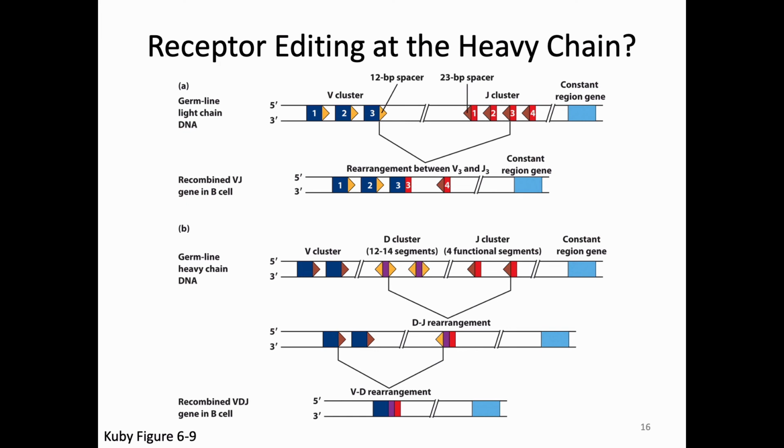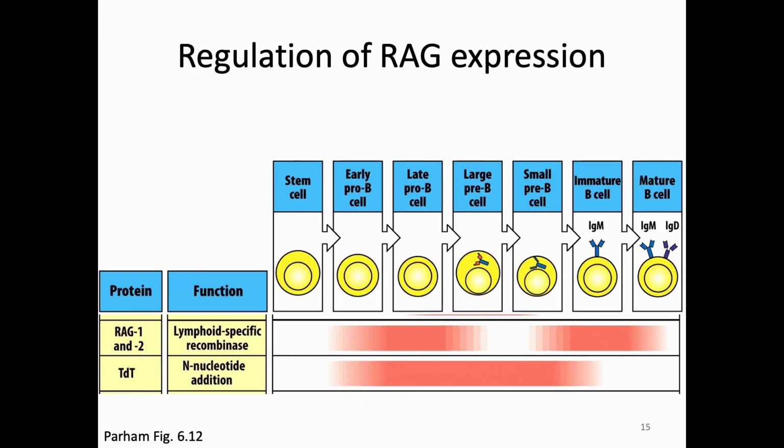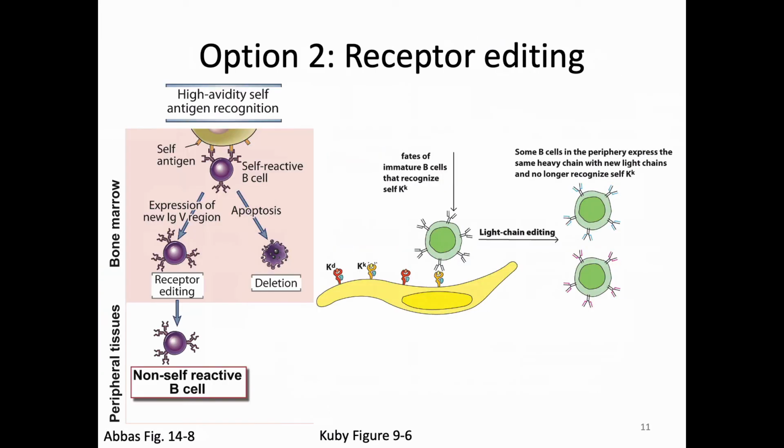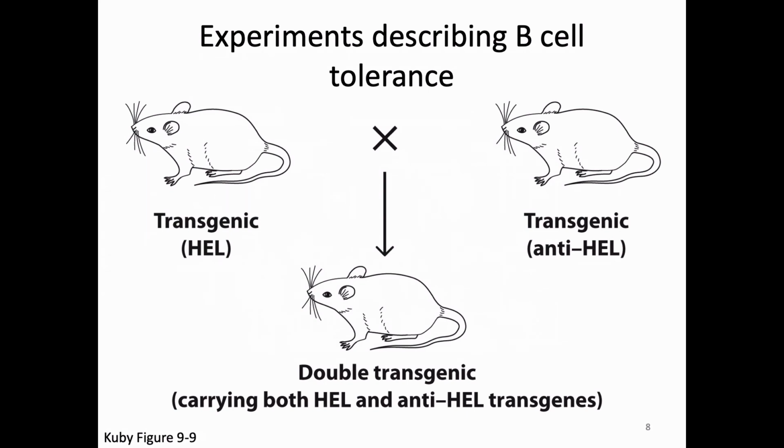All right, so all of that is this second option, which is the receptor editing option. But we also have a third option, which was also described in these experiments. And in order to understand this option, I have to show you one other thing. So when they did this experiment, and they made that mouse called transgenic hell, they made that mouse in two different ways.